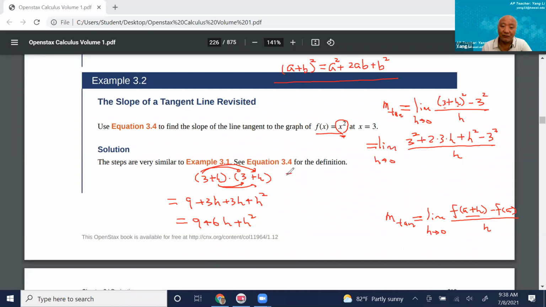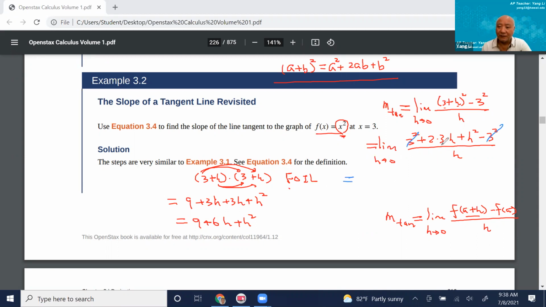From here, you can see this 9 cancels with the minus 9.